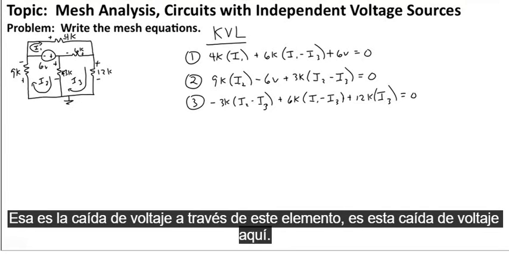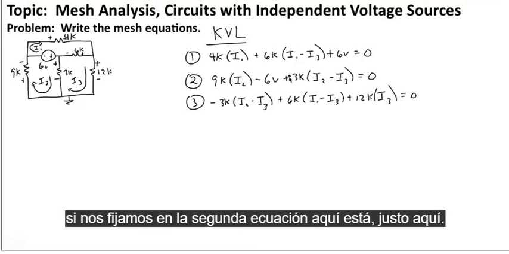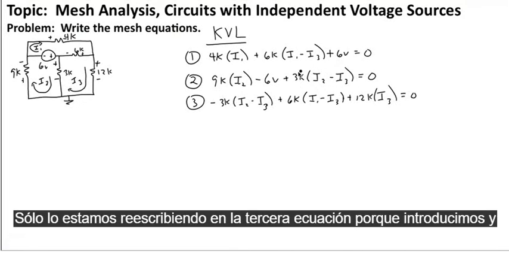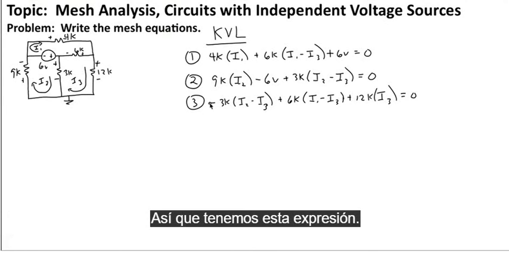That's the voltage drop across this element. In this voltage drop, we've assigned it plus to minus, and you can see it in the second equation. We're just rewriting it in the third equation because we encounter the negative polarity of the 3K resistor voltage drop first.